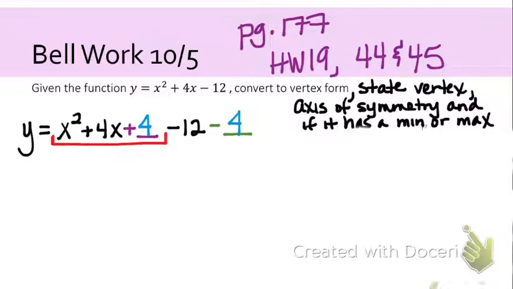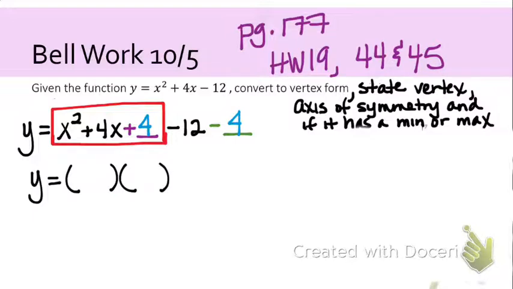Now we need to factor this down. This is a perfect square. And in order to factor it down, we need 2 numbers that would multiply to be A times C. So I need 2 numbers that multiply to 4, but also add to 4. So what 2 numbers can you think of that multiply to 4 and add to 4?